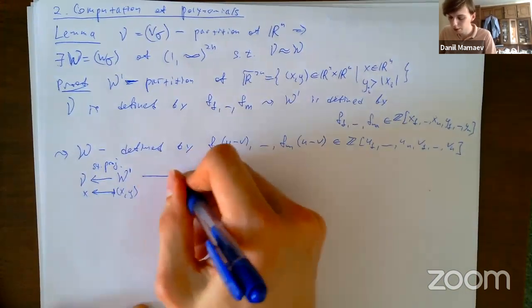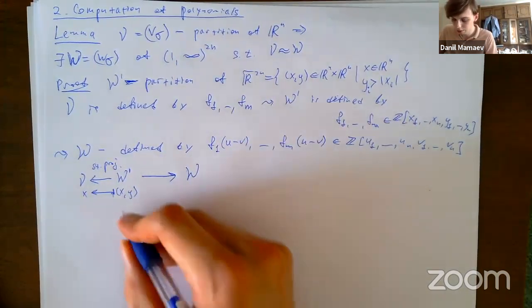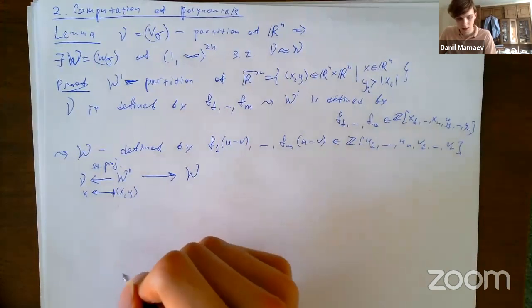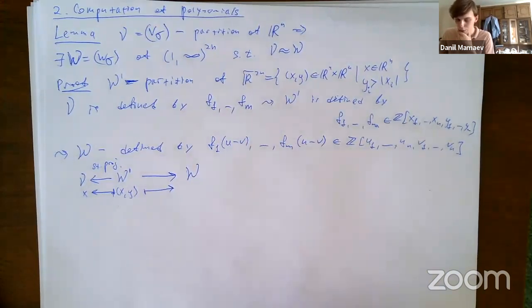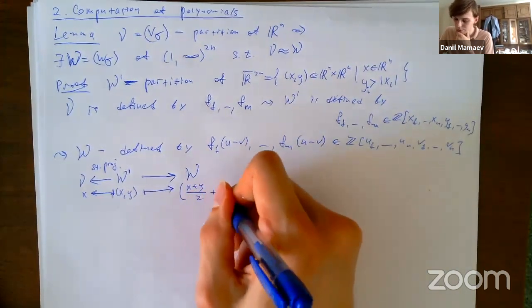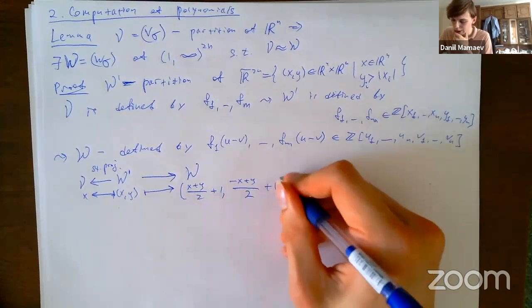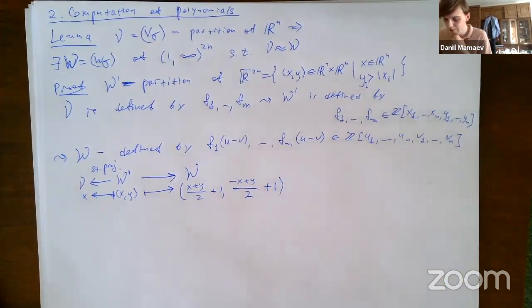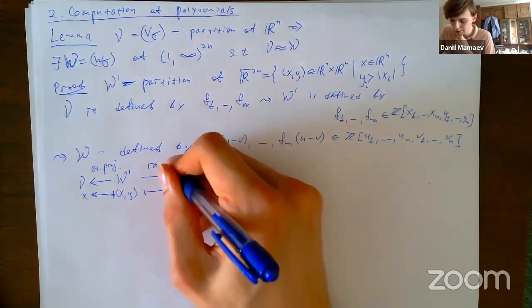Also, W prime is mapped to W by sending (x, y) to this thing. It's just some affine transformation, and thus it is of course a rational equivalence.